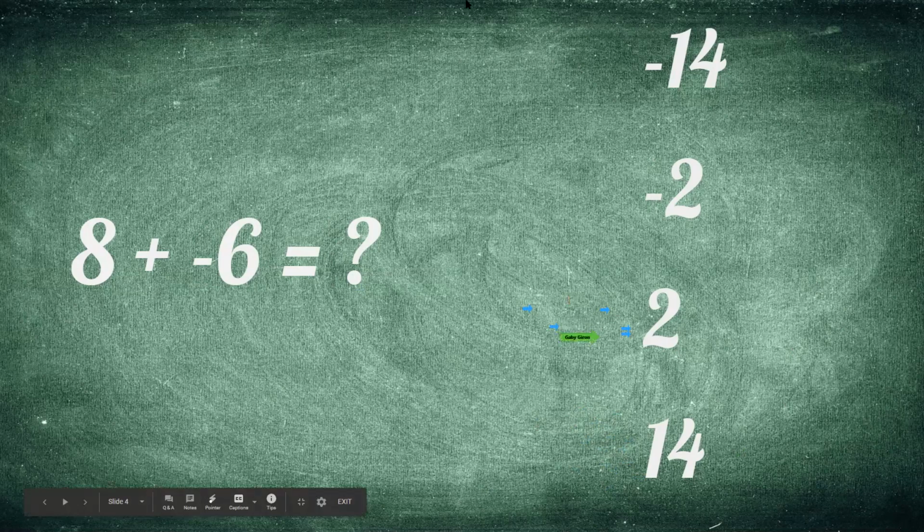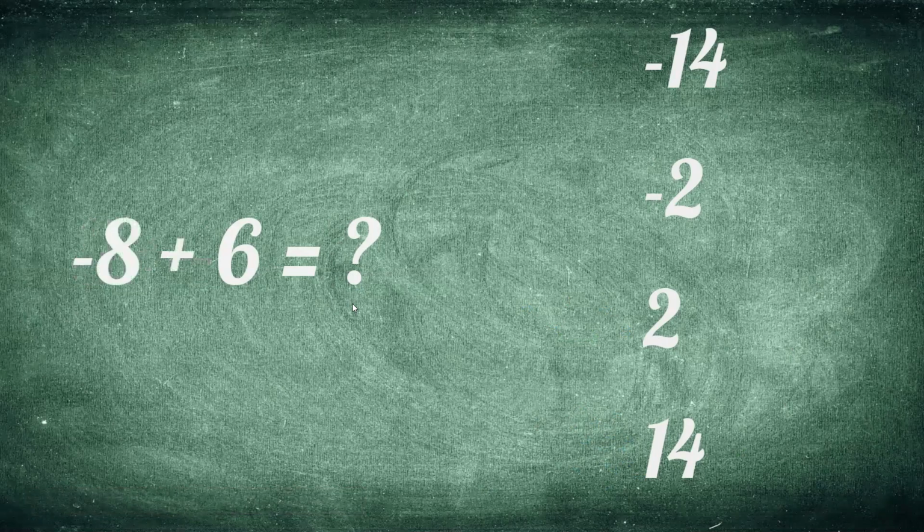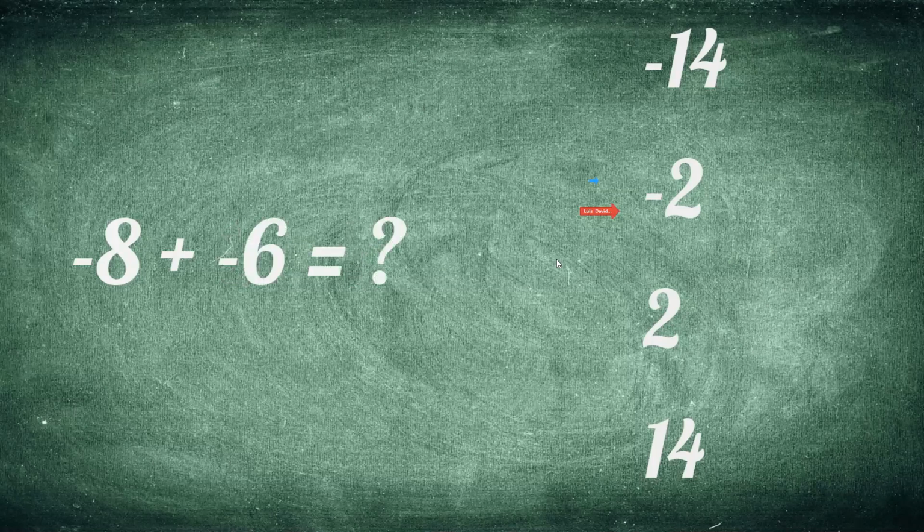How about another one? Let's do another. What about negative 8 plus 6? Go ahead, put a stamp by the number. What do you guys think? All right, David's first, Gabby second, yes. Negative 2. Any other guesses?